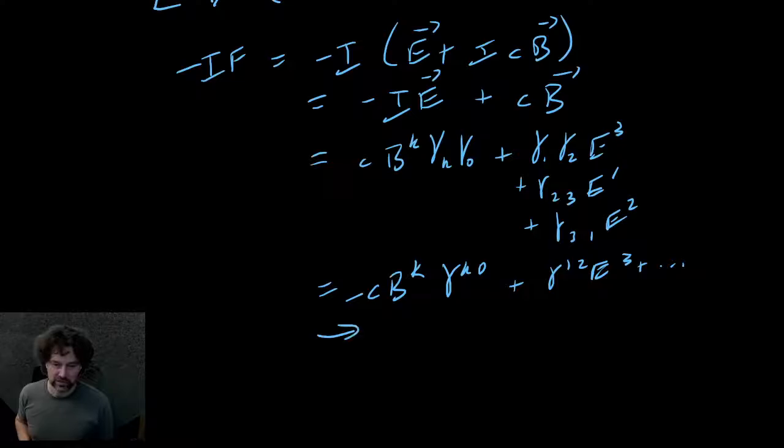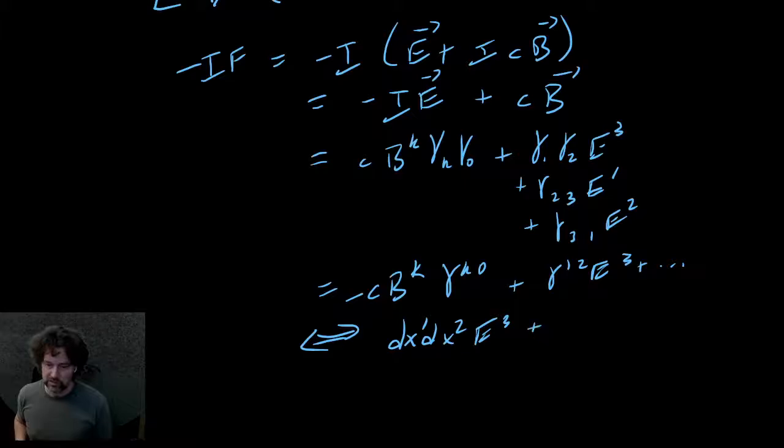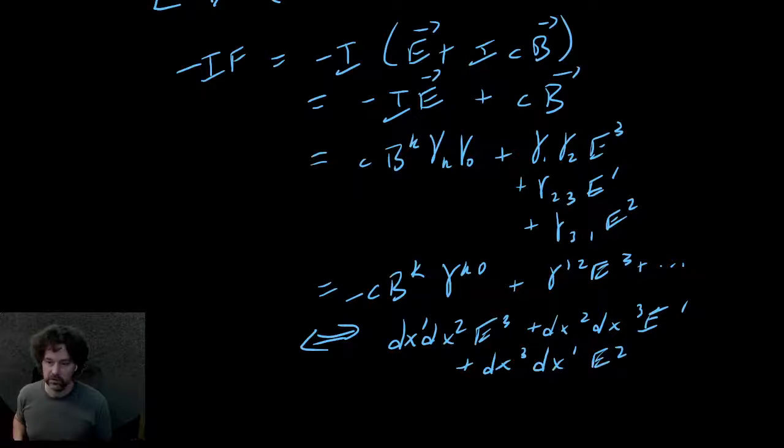So now we can translate this into differential forms. By inspection, we now have dx^1 dx^2 E_3 plus dx^2 dx^3 E_1 plus dx^3 dx^1 E_2 minus C E_k dx^k dx^0.